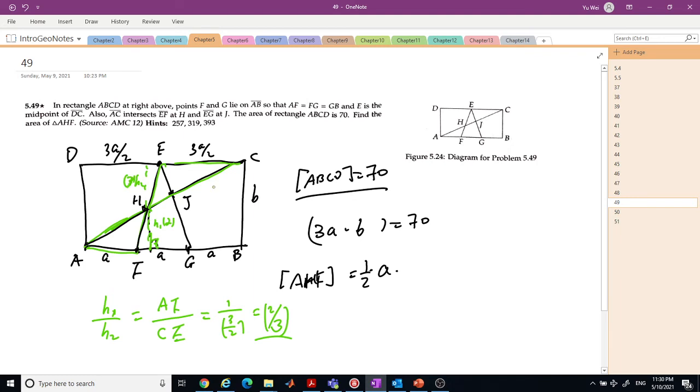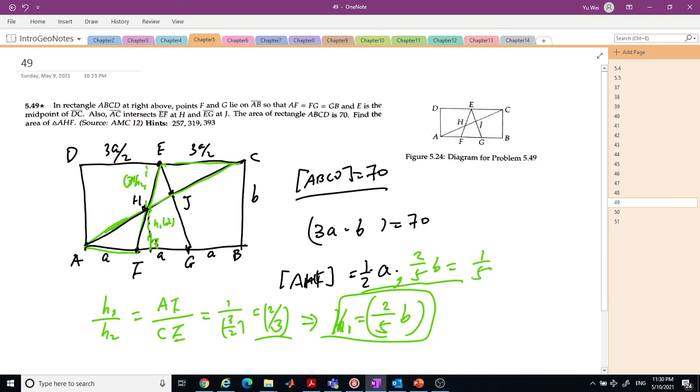B is the whole piece, so H1 is 2 over 5 of B. Now let's put this one inside. So 2 over 5 of B, this one now becomes 1 over 5 of AB. So 1 over 5 times 70 is 14.